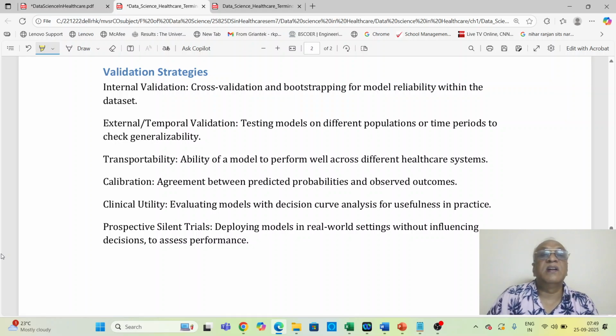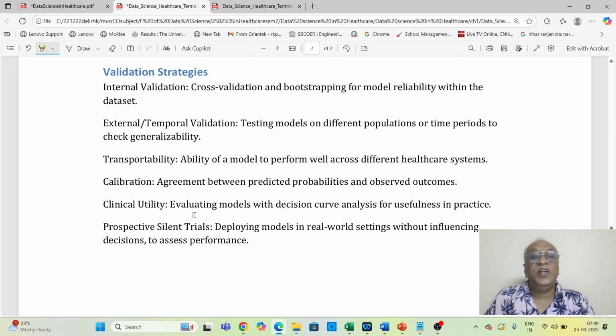You have internal validation, cross validation, and bootstrapping. You have external temporal validation. You have transportability, which indicates the ability of a model to perform well across different healthcare systems. Calibration indicates agreement between predicted probabilities and observed outcomes.